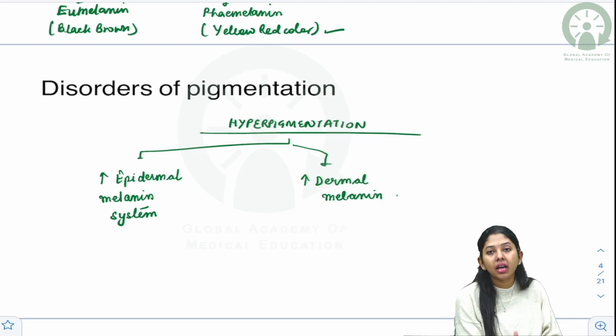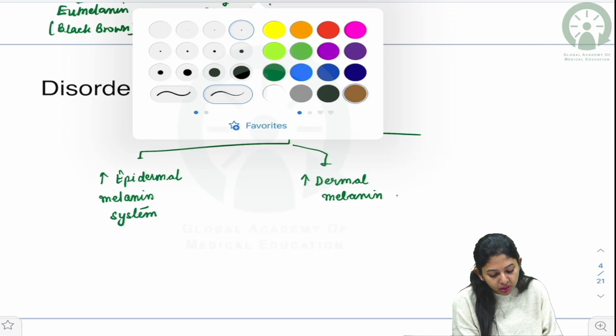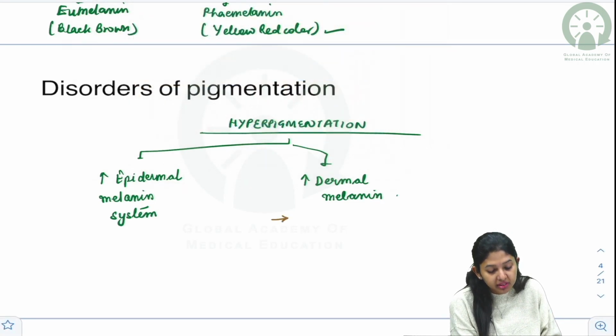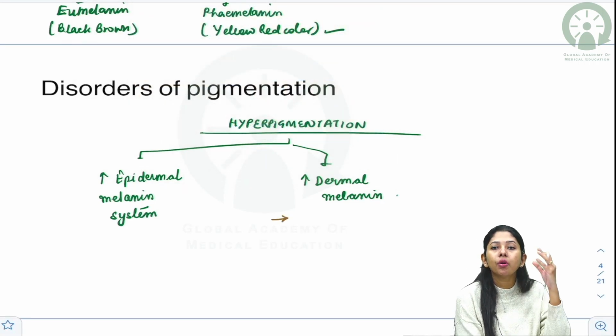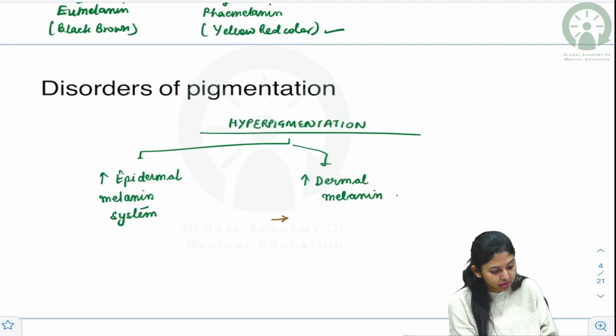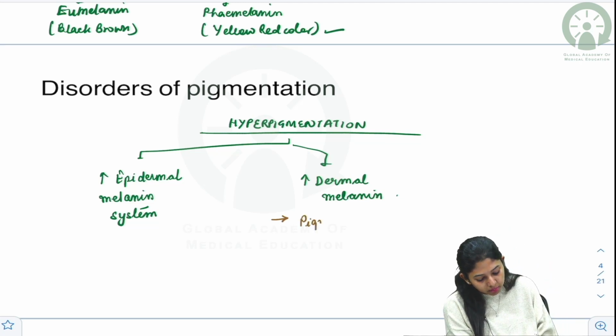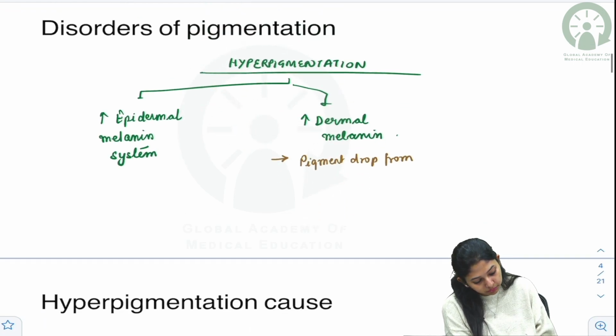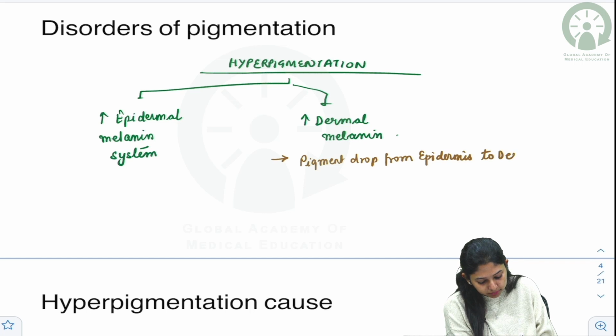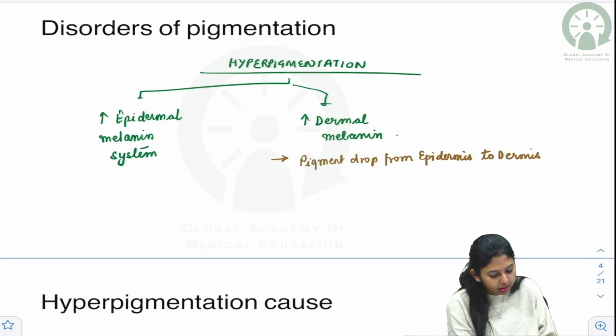We do not have any melanocytes in the dermis, right? So, how is melanin going to reach the dermis? There can be a pigment drop from the epidermis to the dermis, right? There can be ectopic melanocytes in the dermis.